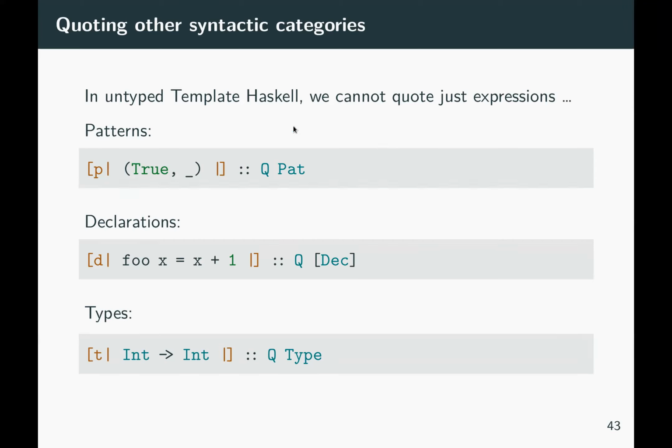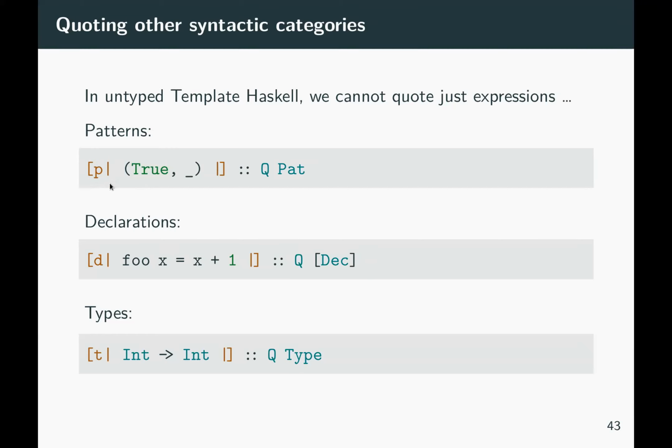And there we can not just do expressions, we can also do, for example, patterns, declarations, types. So we can do something like this here. So this is a pattern. This is a declaration. We define a function foo. This is a type. And so the quotes are again these Oxford brackets, but now with this letter between the bracket and the vertical bar.